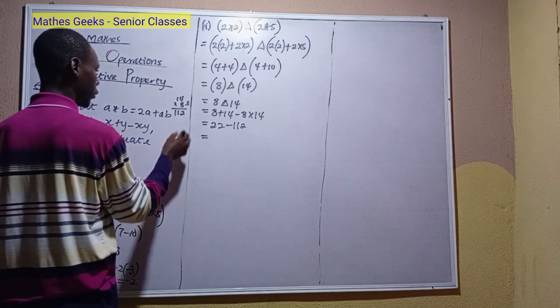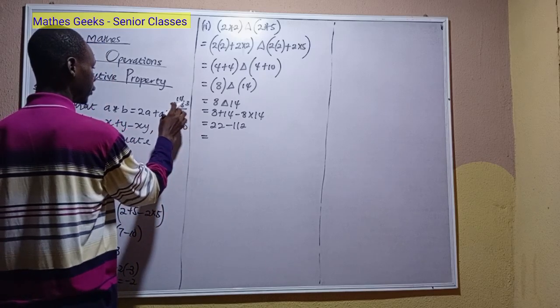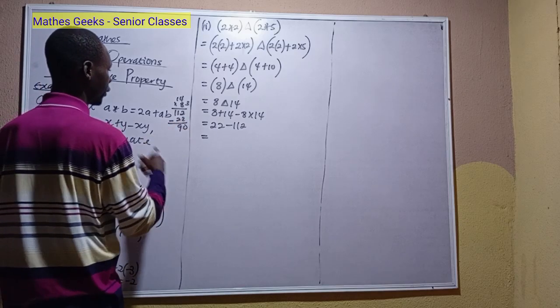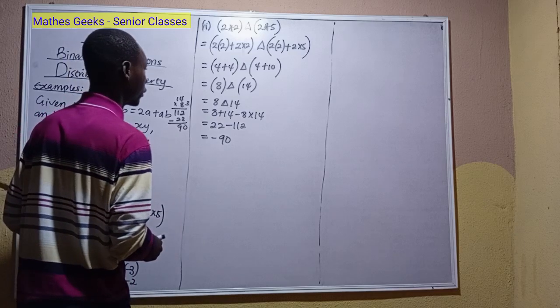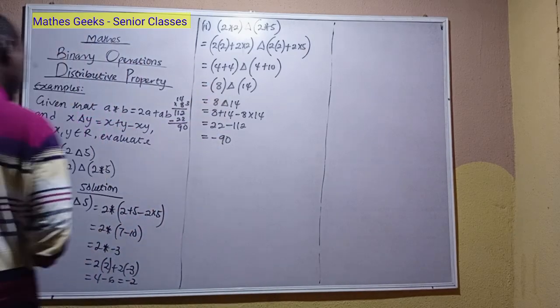So 22 minus 112 is minus 90. That's the answer for this operation.